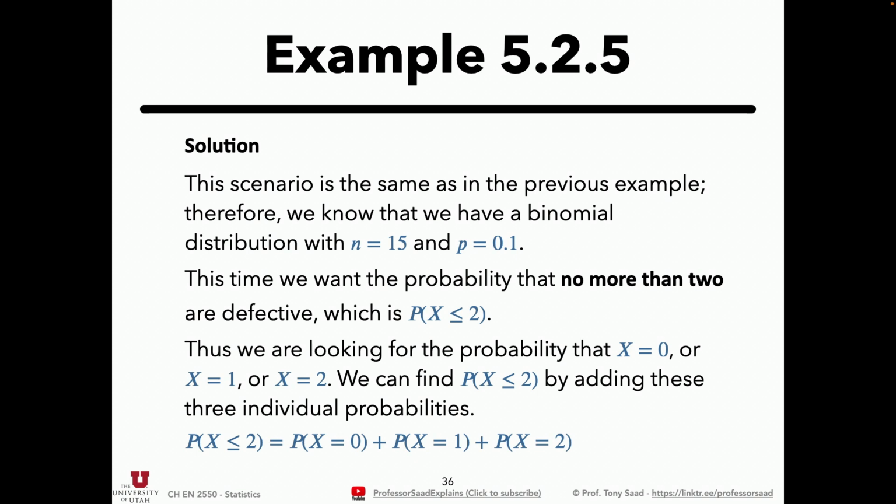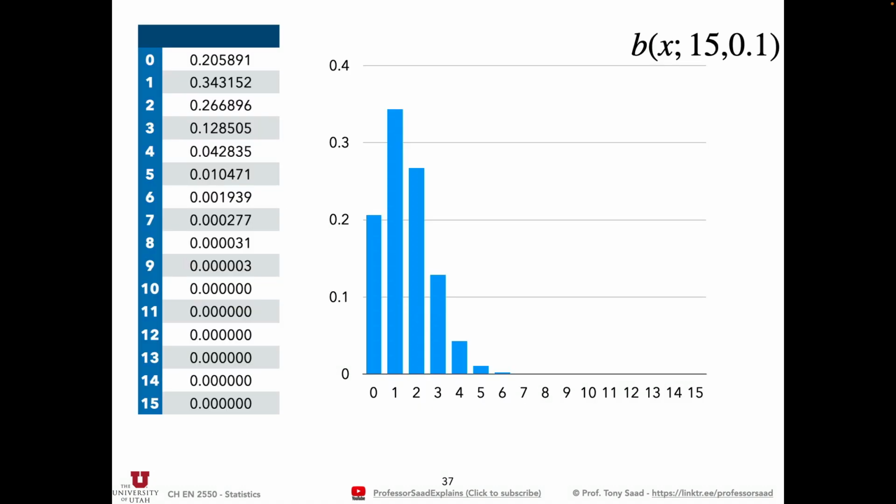Okay? Now, when you look at this in a distribution, this is the setup for the problem that this guy is working with at the plant, and this is the binomial. We have 15 trials, with a probability of success of 0.1 for finding a defective battery. So this is the distribution.